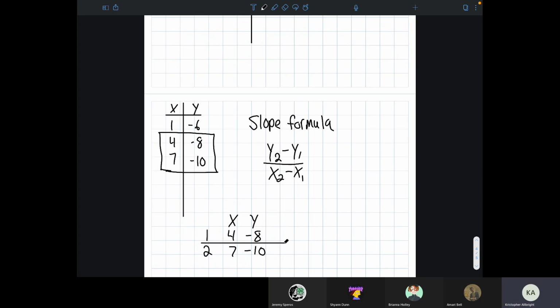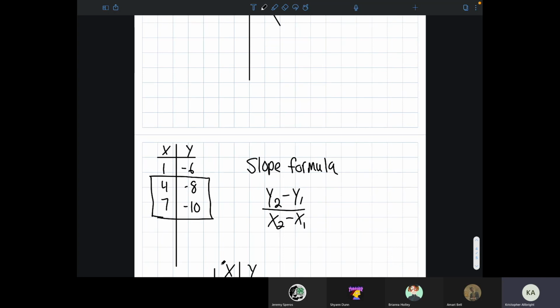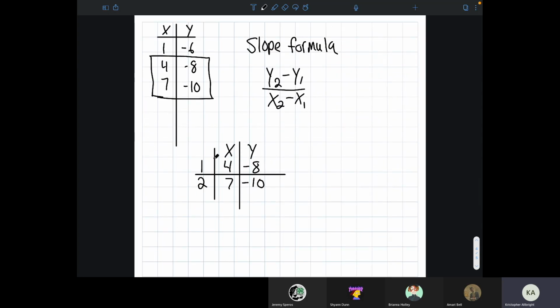And with this, we can find what our x1 and our y1 are. If we look for our y2, for example, we go to y, then we go to 2, and we found it. So -10 minus y1, -8, over x2 minus x1.